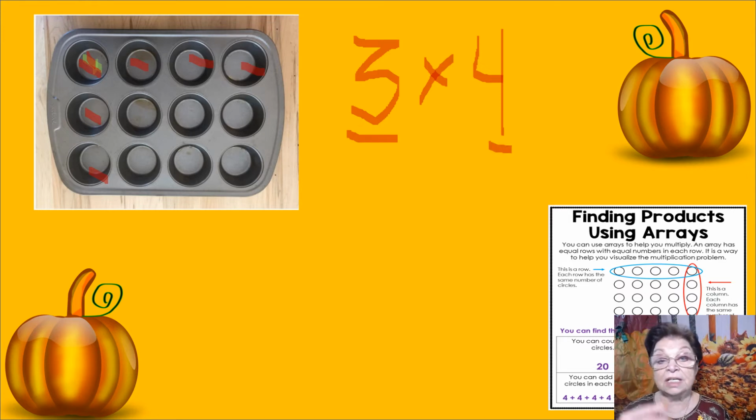Then you can either count them, or skip count them by going 3, 6, 9, 12, or you can multiply 3 times 4 equals... Let's see if you can get it before I tell you. Count them, add up the columns, add up the rows, or do the multiplication.